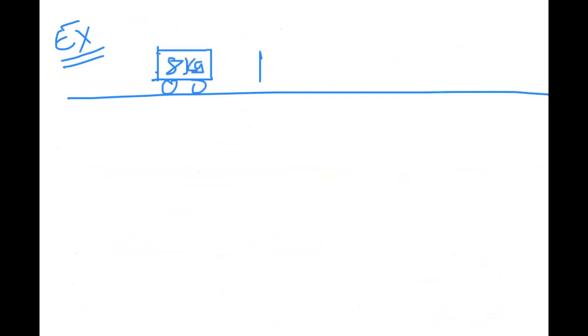It collides with another car that has a mass of 5 kilograms. The 8-kilogram car is moving at a velocity of 1 meter per second, and the other car is at rest, 0 meters per second.